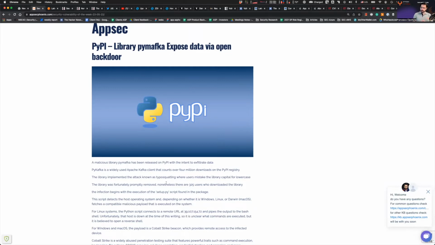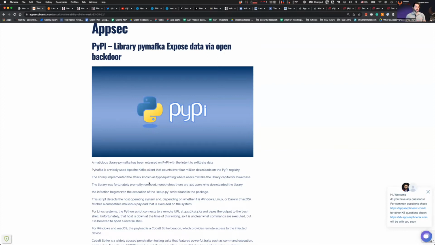But in this particular case, the attacker wasn't super sophisticated. It was interesting because it replaced a name with another very similar name, not in capital letters, of PyKafka, which is a very widely used Apache Kafka library.